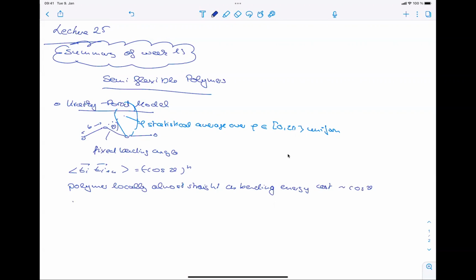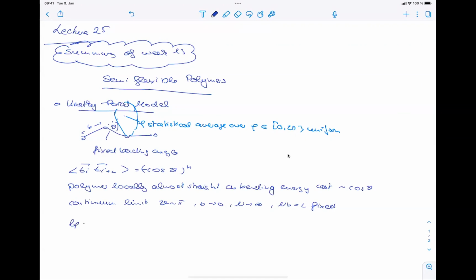And now when taking the continuum limit, we assume theta to be of order pi, send b to 0, n to infinity, and keep now the length of the entire polymer fixed, taking the rigid rod as a reference state compared to the Gaussian chain.